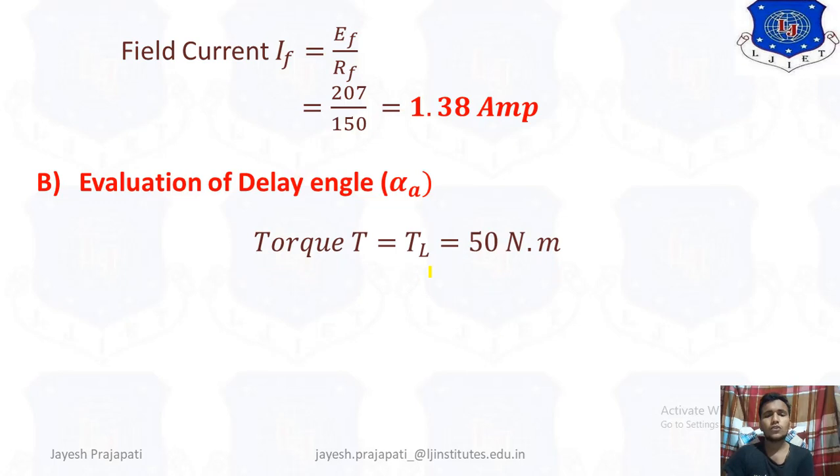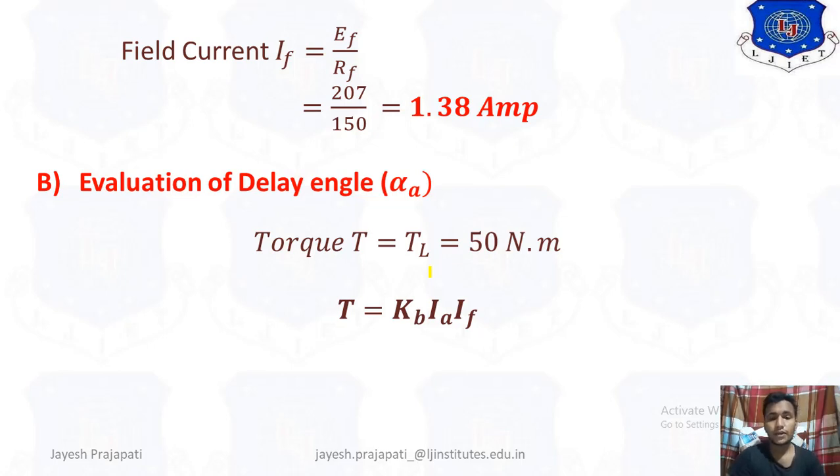We know that the torque T is equal to the load torque TL, 50 Newton meter, that is given in the example. Now the torque T is equal to KB into IA into IF. That is the equation that we have discussed in our lectures, also for electromagnetic torque.